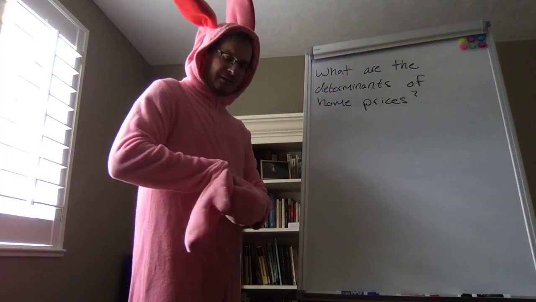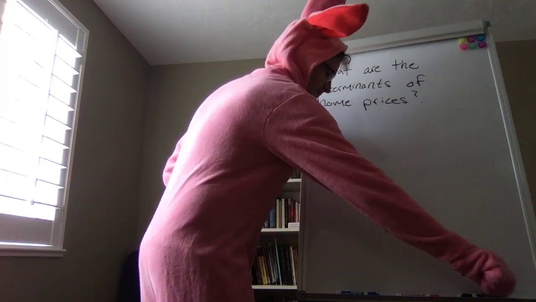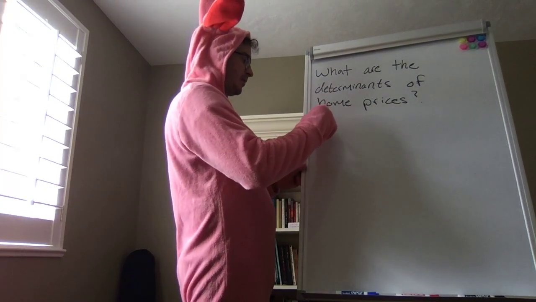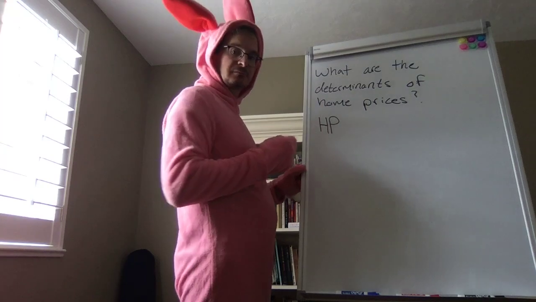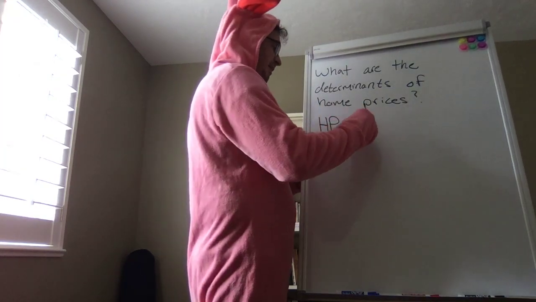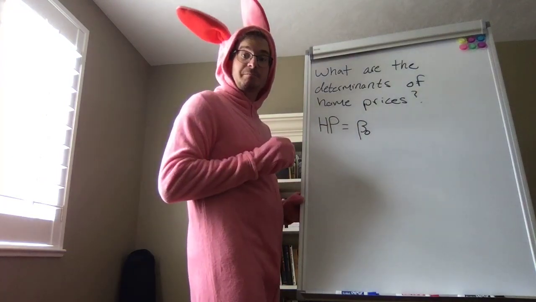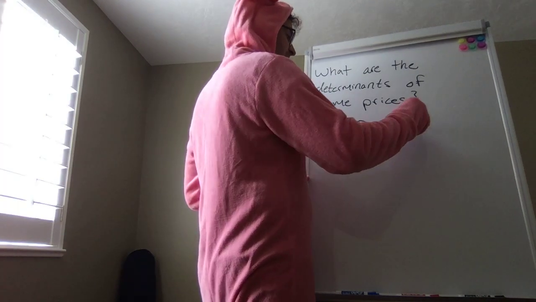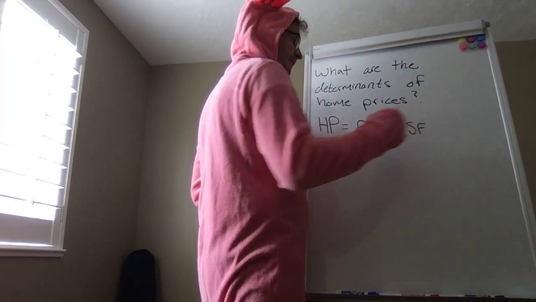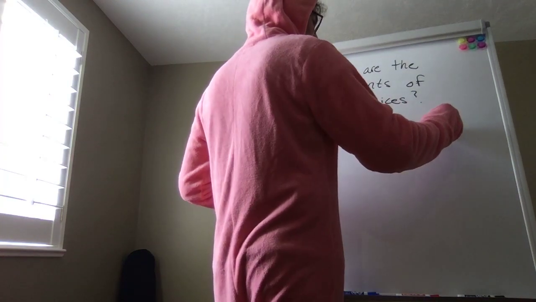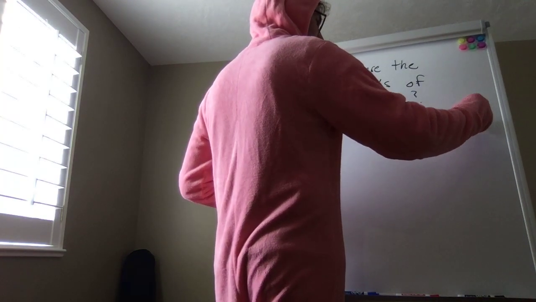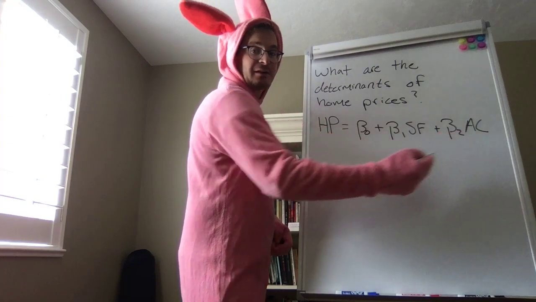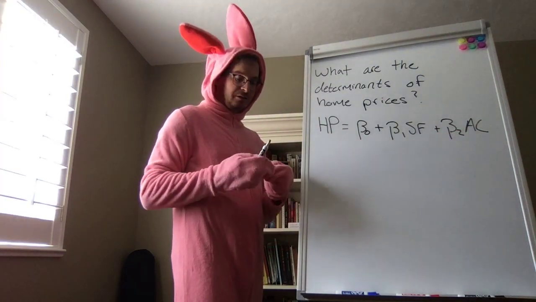We're going to have an equation that looks something like house price equals beta naught, this is our population model, so I'm using beta naught, plus beta 1 square feet, which was my first independent variable, plus beta 2 AC, because that's my second independent variable. And that one is our dummy variable or categorical variable.